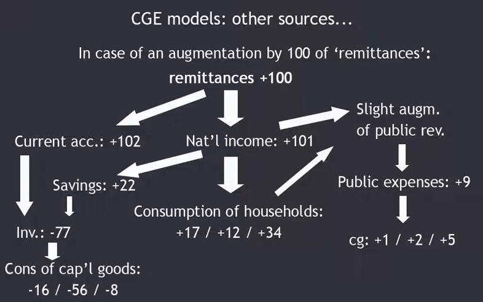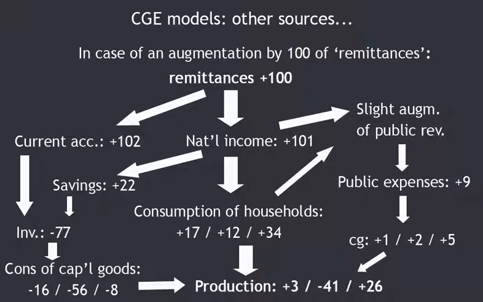And so consumption of capital goods fell by 16 in the case of purchases of agricultural goods, 56 in the case of purchases of industrial goods, and 8 in the case of purchases of services. In total, the demand for goods, and therefore the production of goods, increases in agriculture and services, but decreases in industry because the last channel is important.